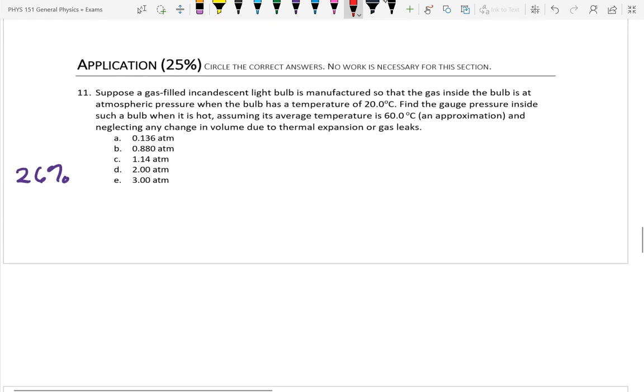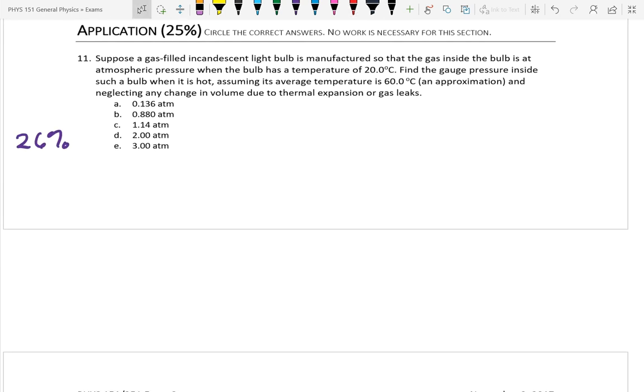Okay, number 11. Suppose a gas-filled incandescent light bulb is manufactured, and so on. Neglecting any change in volume due to thermal expansion or gas leaks, what is the pressure if you're at pressure 1 equals, not 20, 1 atmosphere at temperature 1 equals 20.0 degrees Celsius.